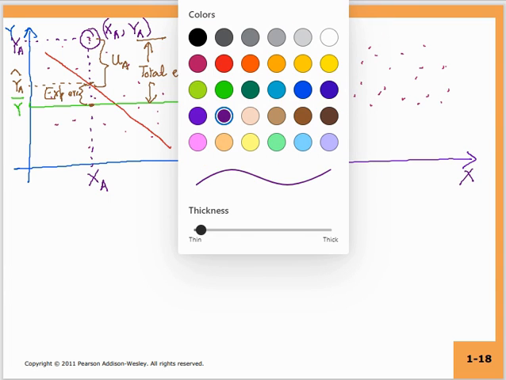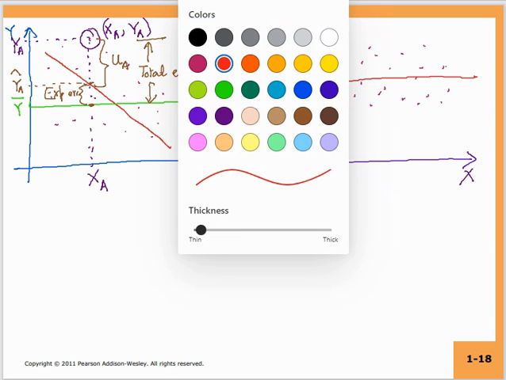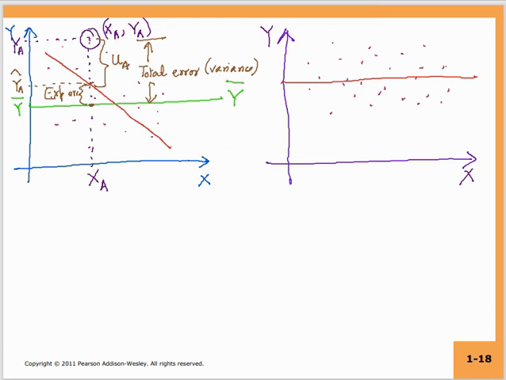So in this particular case, your regression line may look like this. If you draw a regression line through this cloud of points, it may look like this. Meanwhile, if you draw just the average of y, which is y bar, your y bar may also look like this. So in this particular case, the regression line is not doing any better job of explaining the variance in y than your y bar. So in this case, the r square is equal to 0.